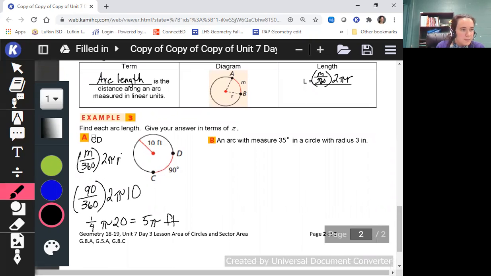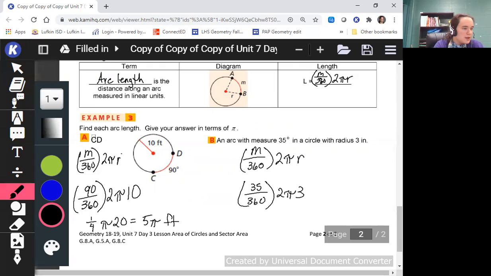And our last one, we want to find an arc with a measure of 35 degrees in a circle with a radius of 3 inches. So again, we're going to use the formula, measure of our angle over 360 times 2 times pi times our radius. So the measure of our angle is 35 degrees over 360 times 2 times pi, when our radius is 3.